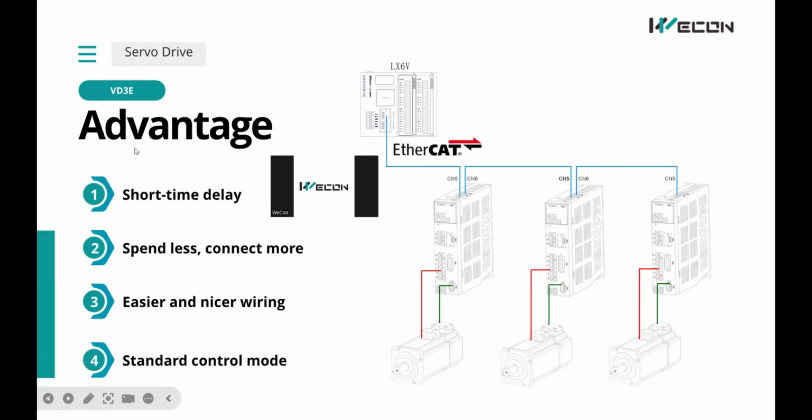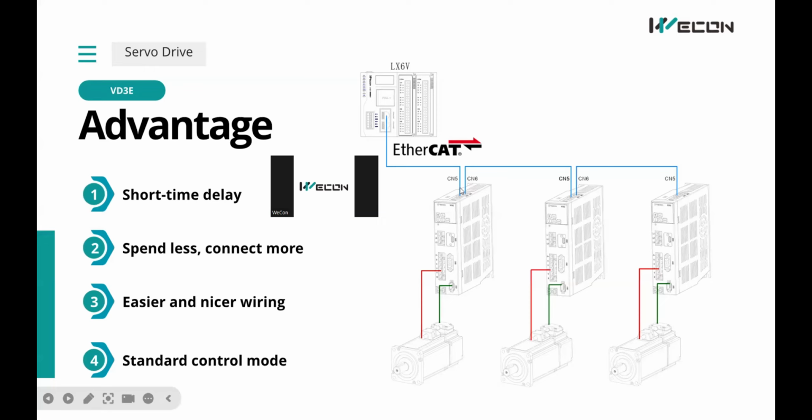And then the third advantage is the wiring. You can see from this picture, our wiring is very easy. From our controller, there will be an EtherCAT port. We use an Ethernet cable to connect it to our first driver. On the top of VD3, there are 2 EtherCAT ports.